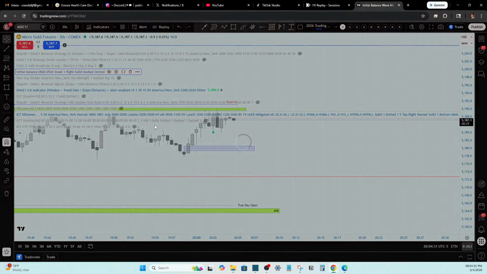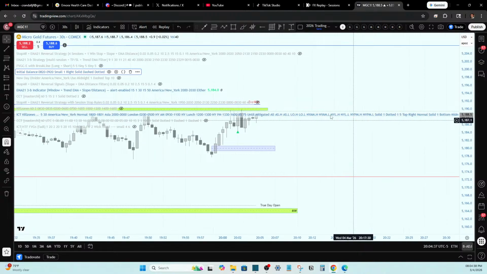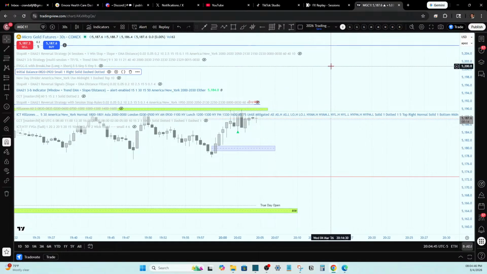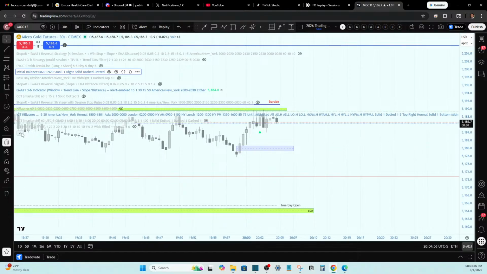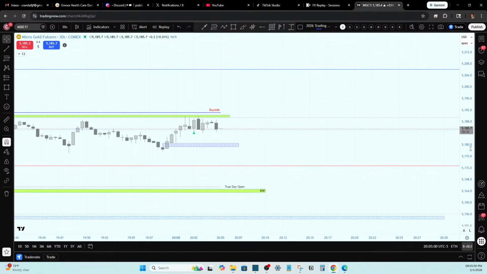It's called Initial Balance Wave Map. It basically just lists out the initial balance levels, which are great for gold, I found. So I use them as draws on liquidity. The only other indicator I have up is this ICT kill zones, which just shows me the New York PM session highs and lows, which we've already taken out the high.